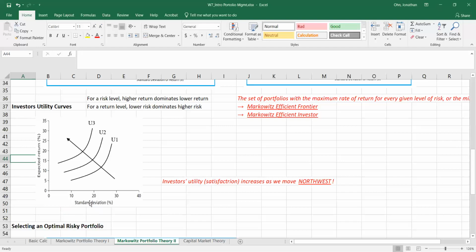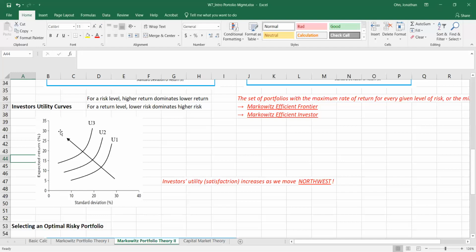But for standard deviation, the risk level, the lower, the better. So the direction of your increasing satisfaction is northwest. You see that? Higher expected return or lower standard deviation, lower risk, this northwest direction is the direction of your increasing satisfaction.